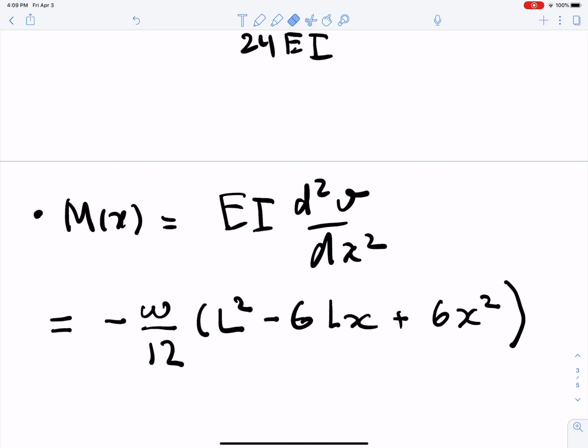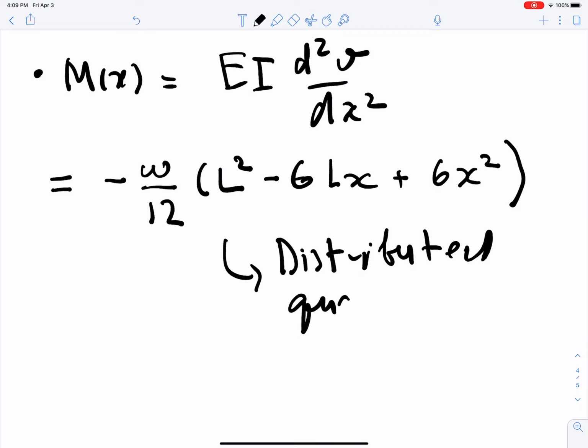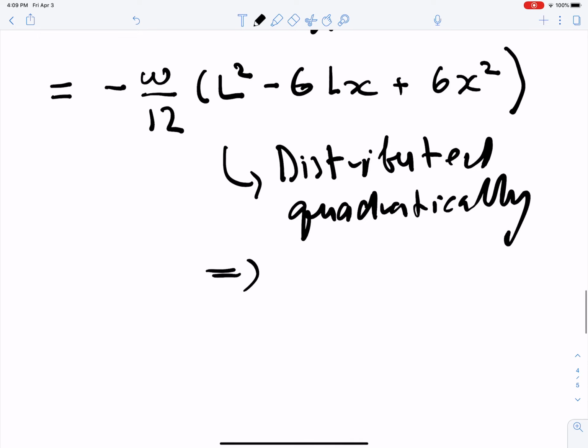So what you notice first is that you have a quadratic distribution of the moment. This has implications as to what you're going to get when you do element state determination and draw the moment diagrams.